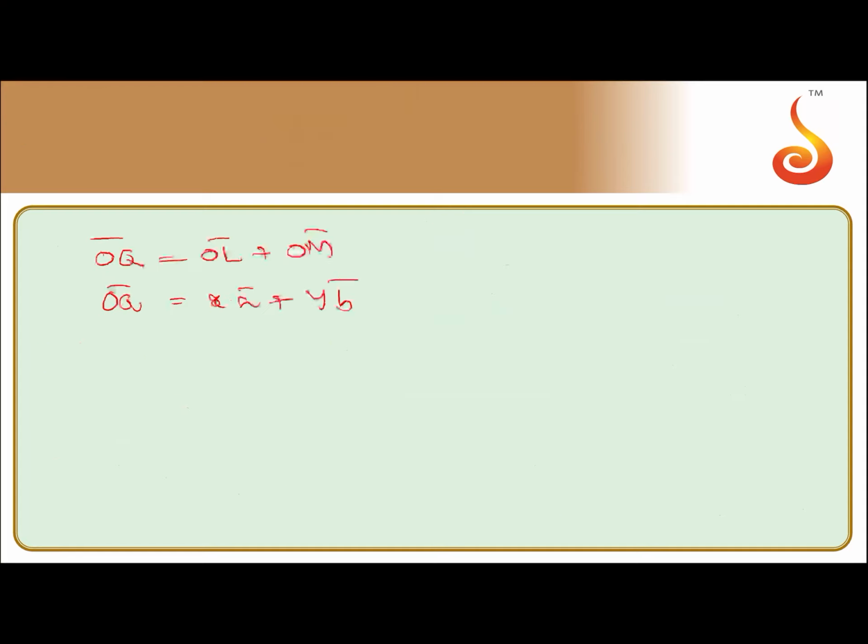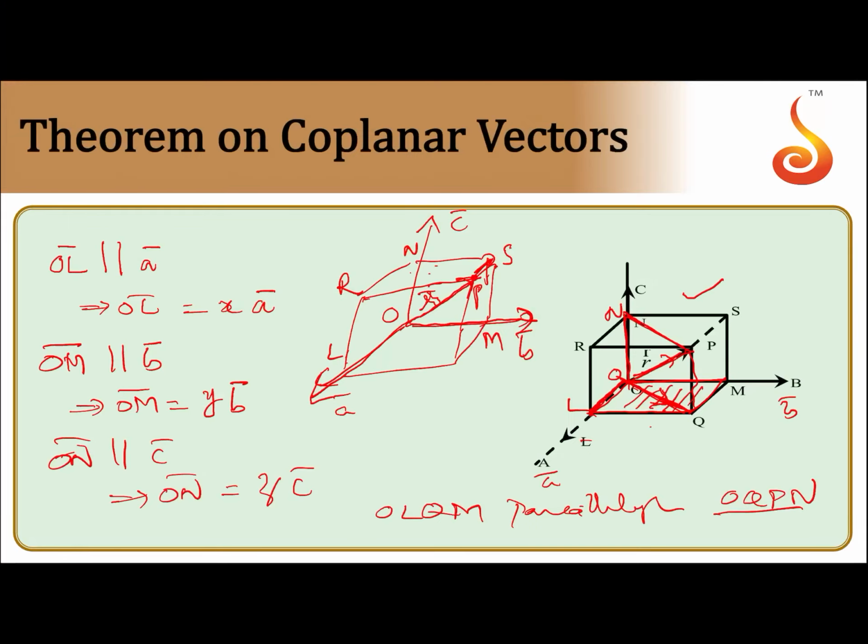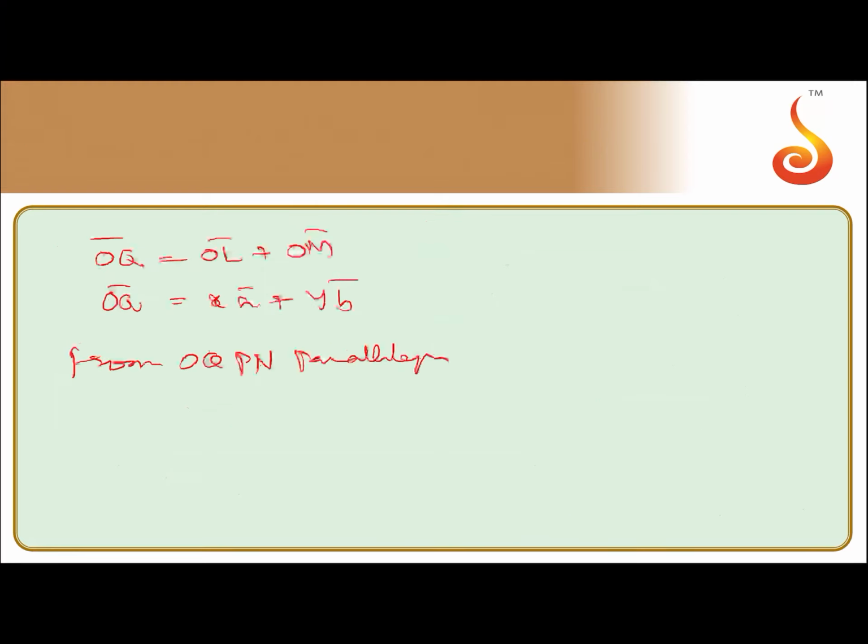From the parallelogram OQPN, OP can be written as OQ plus ON.